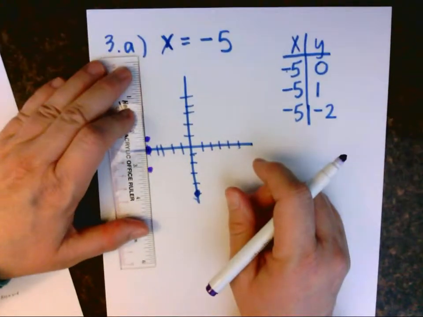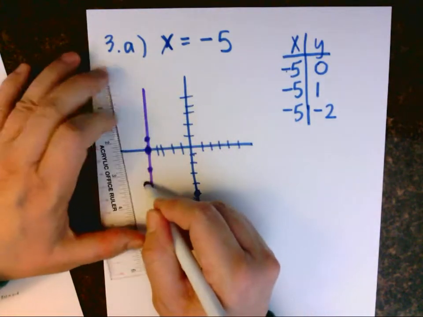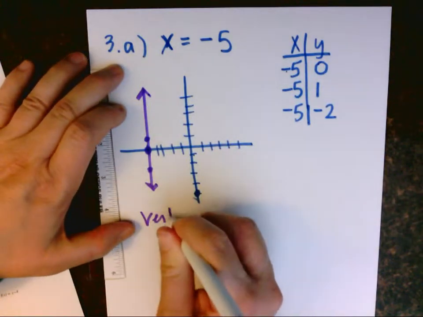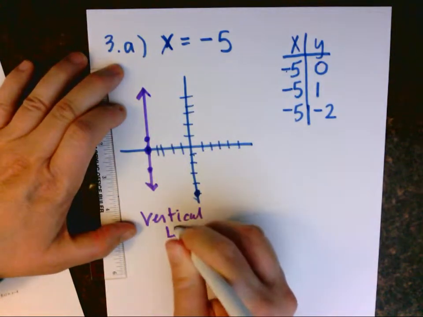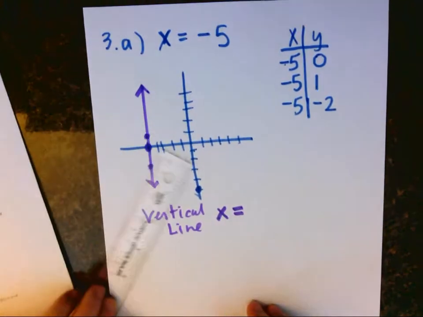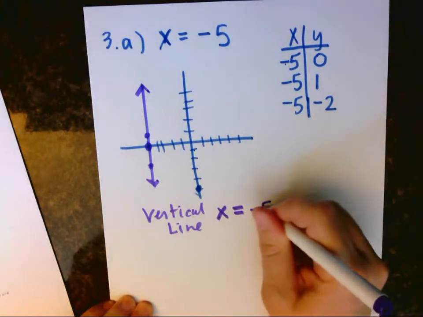So always x is -5. So regardless of what points you pick, they are -5 something. We will be getting a vertical line. Vertical lines always say x equals something. And this one is x equals -5.